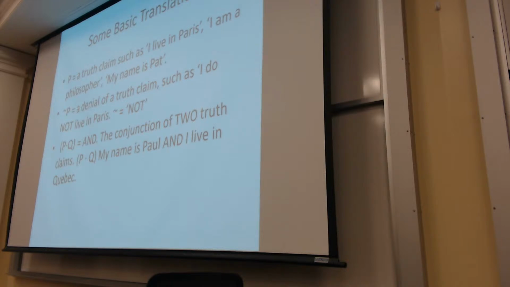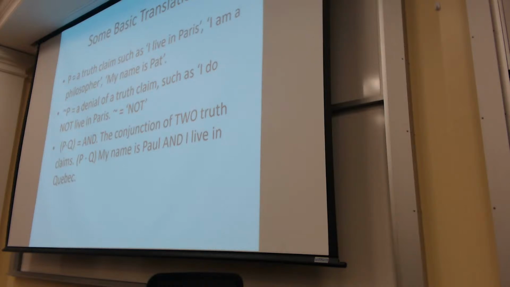So usually you pick a letter that matches a prominent start of a word in the truth claim. So P will probably mean something like, I live in Paris, I'm a philosopher, my name is Pat. And the truth claims can be true or false. But all the letter is a truth claim.